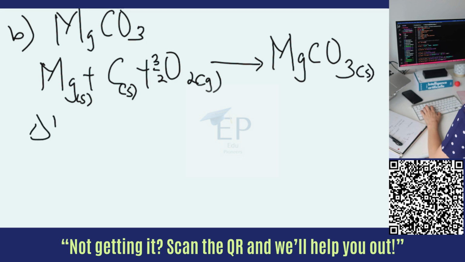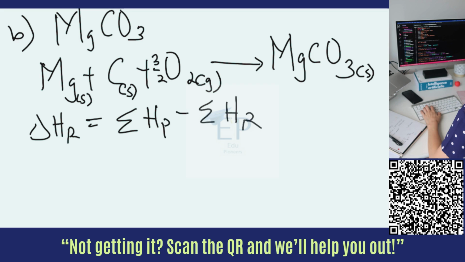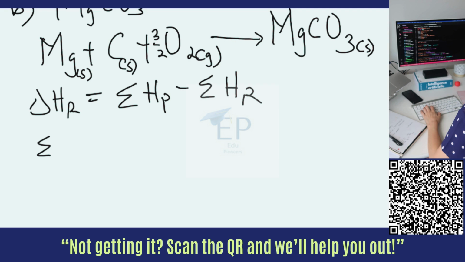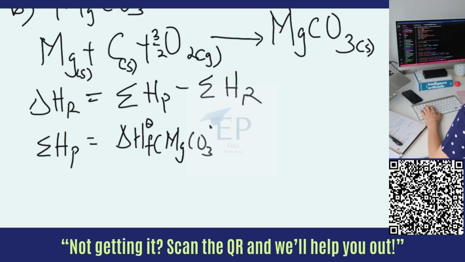The delta H of this reaction, like what we did before, would be the total enthalpy of the product minus the total enthalpy of the reactant, right? And the total enthalpy of the product is the enthalpy of formation of magnesium carbonate solid, right?